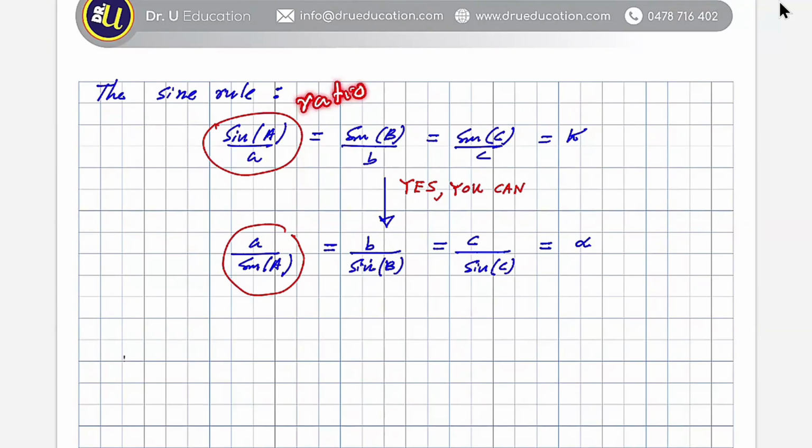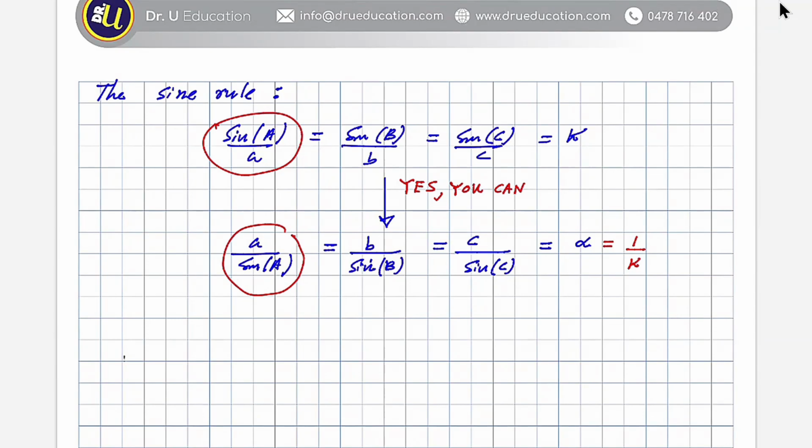Whether you write the ratio this way or that way doesn't really matter, as long as you maintain it. Also, this alpha is nothing but 1 divided by K, because you take the reciprocal, and you can rename that value 1 divided by K as alpha. So indeed, this is possible.